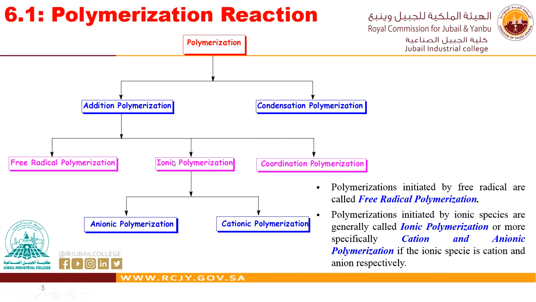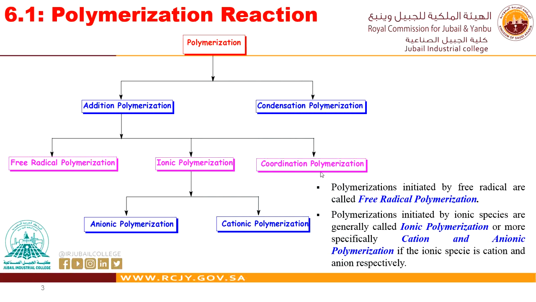If an ion is used, this ion could be either a cation or an anion. If an anion is used, then it is called anionic polymerization. If a cation is used, it's called what? Cationic polymerization. These two polymerization processes are called ionic polymerization. Of course, the last one is coordination polymerization, which is based on the catalyst.